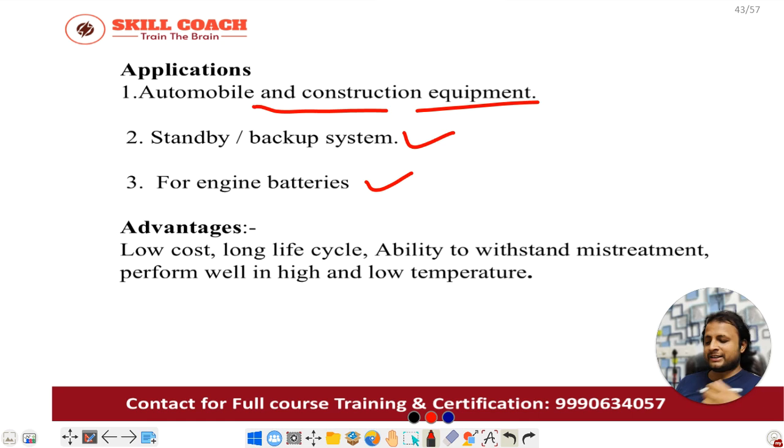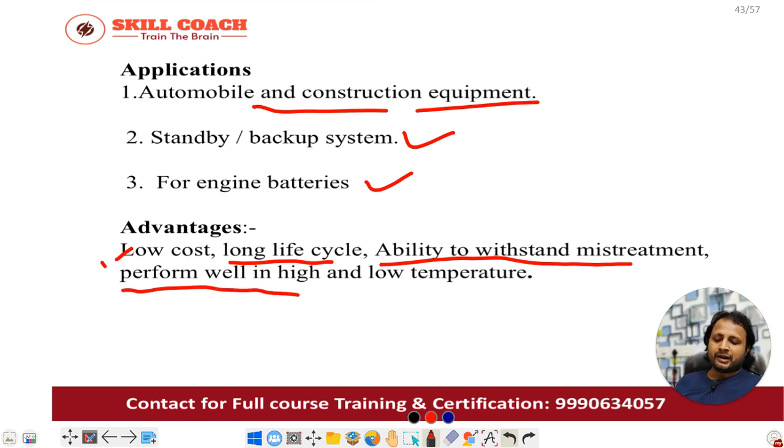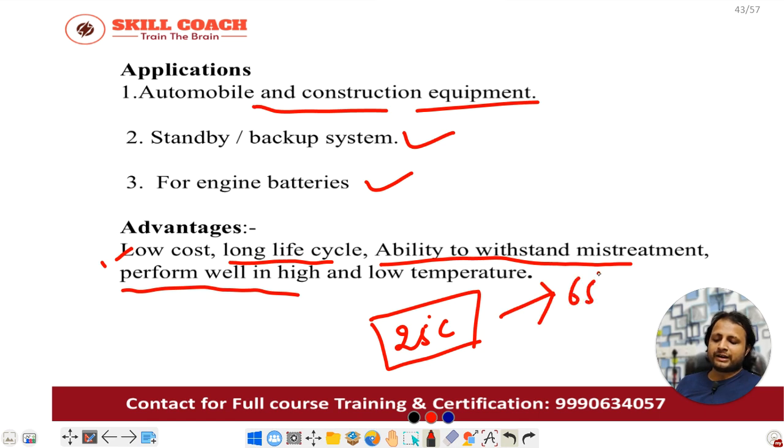What are the advantages? We will say low cost, long life cycle, ability to withstand mistreatment sometimes, and perform well at high and low temperature. Because for the EV range, I will say 25 degrees is the ideal temperature for electric vehicles, and maximum you can go up to 65 degrees centigrade, but at this temperature the performance of the vehicle will reduce, meaning the life cycle of the battery or controllers will decrease if we are operating beyond that.